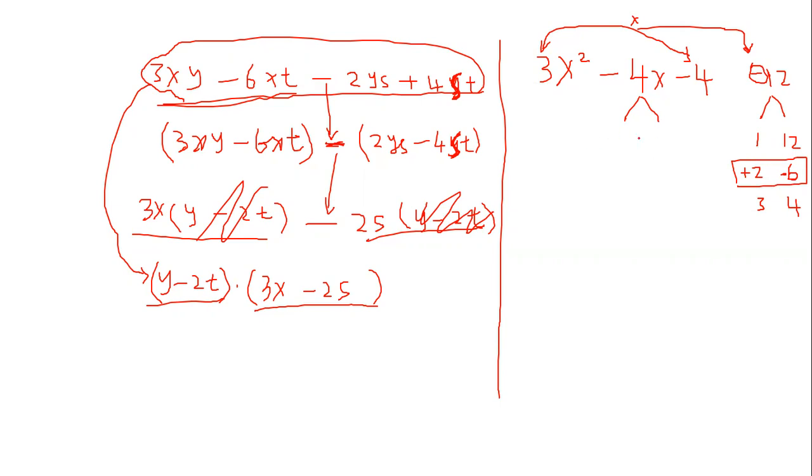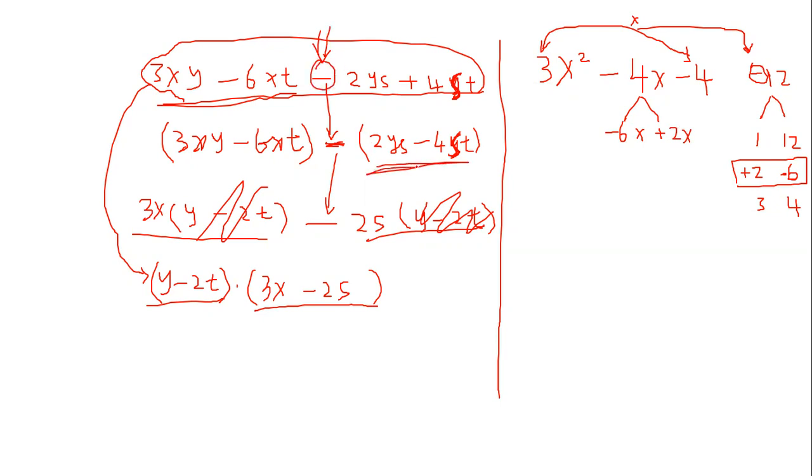Which one you write first doesn't matter. I prefer to write the positive one second, so it will be -6x and +2x. If you want to write -6x second, that's also okay, because as we mentioned before, when there is a negative sign, we have to change the sign in the second parenthesis.